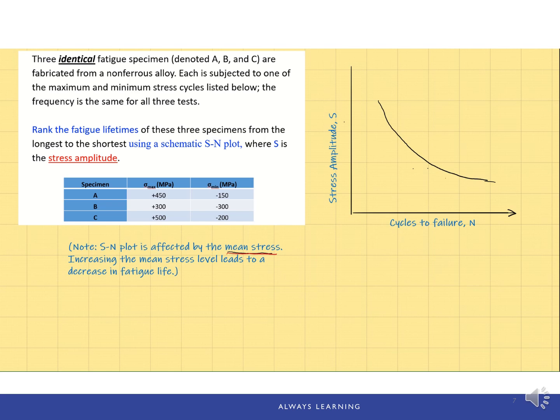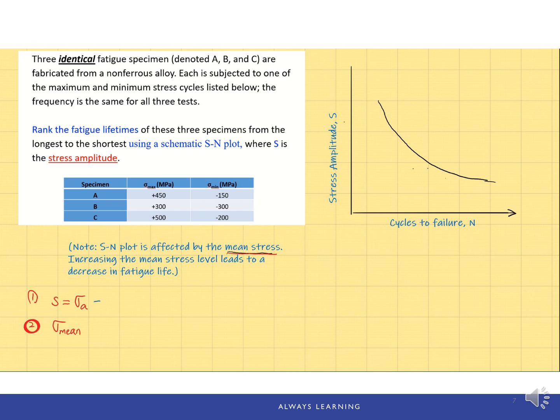So to rank the lifetimes of these 3 specimens, we first need to calculate the stress amplitude, S, and second, we need to calculate the mean stress applied to each specimen, and then we can rank the lifetime of the specimens.